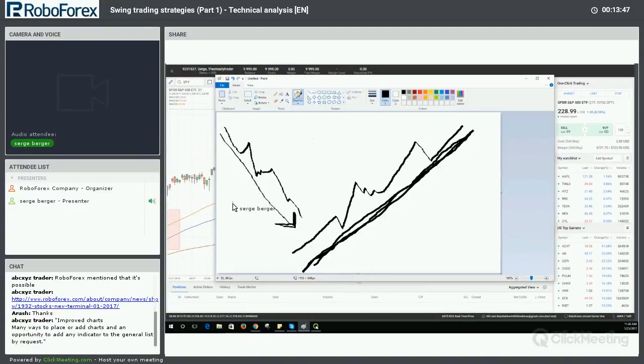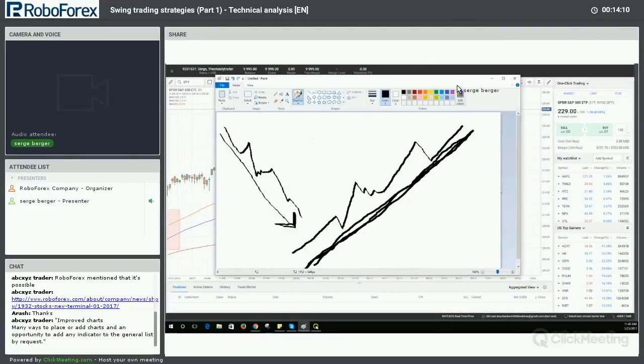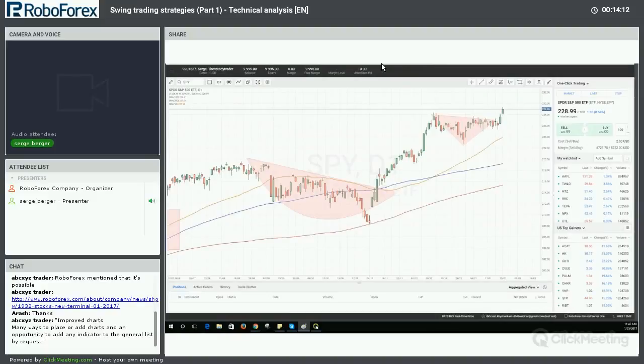So a swing can be of any duration. By the way, swing trading works in any time frame. It works intraday, in a daily time frame, in the weekly time frame. It really doesn't matter. Okay, so that's your basic definition of a swing, and we will come back to this chart a little bit later on if we need to refresh on the concept.